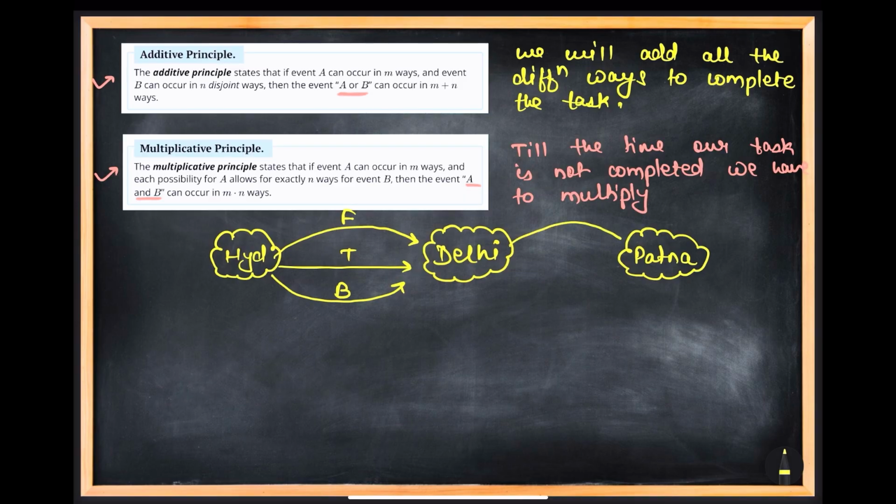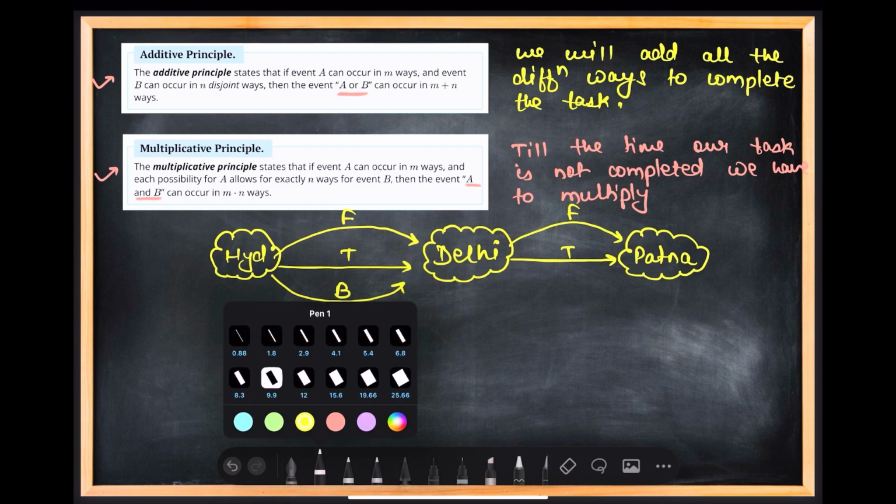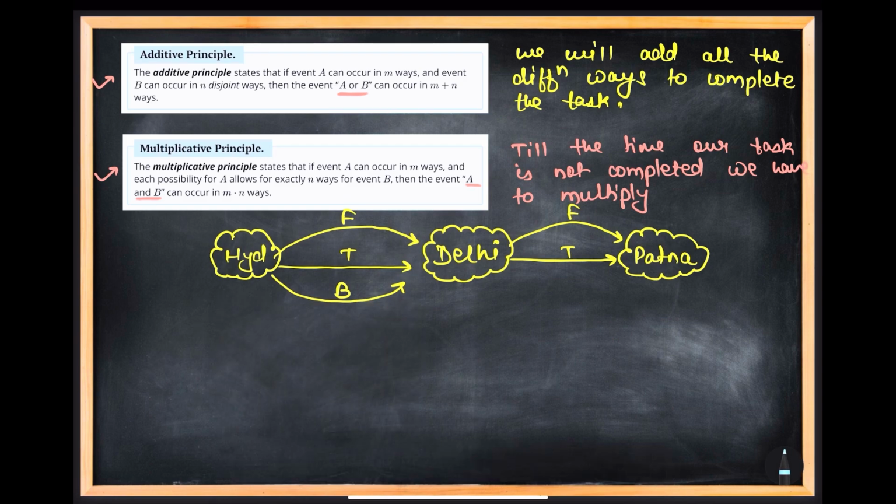From Delhi to Patna, you can go via flight or train. I am asking you to find the number of ways in which you can reach Patna. The number of ways will be a specific number, and it can be derived by using the principle of addition and the principle of multiplication.